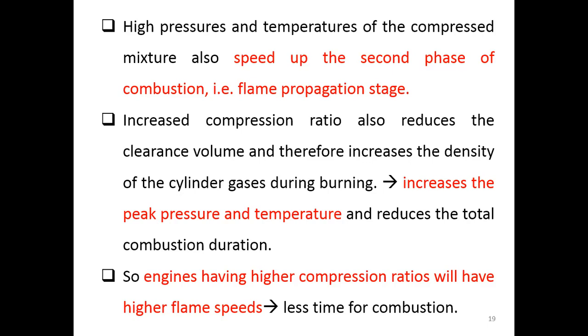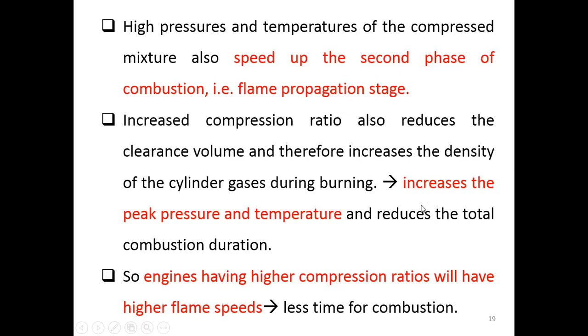Because the clearance volume is reduced with a higher compression ratio, the density of the gas inside the cylinder increases, and it increases during burning, or during combustion.